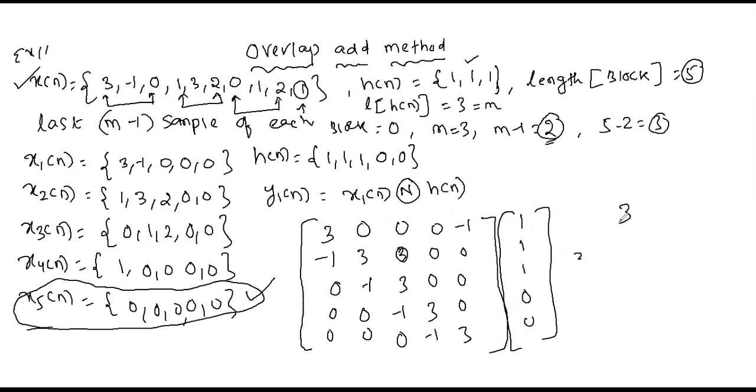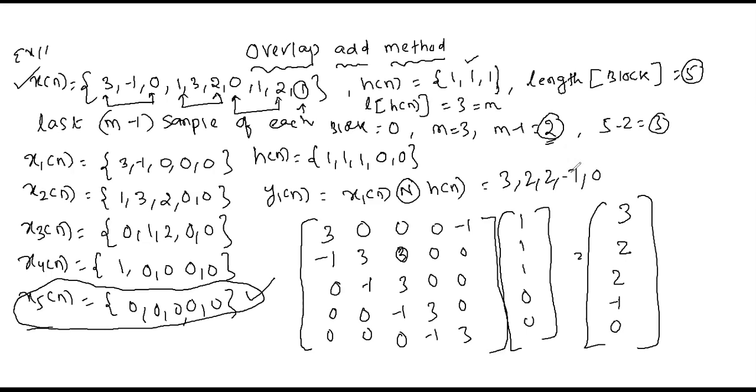We get 3, and this is 2, this is 2, and this is minus 1, and this is 0. So y1(n) is 3, 2, 2, minus 1, minus 1, 0. Okay, same. I hope you all understand.